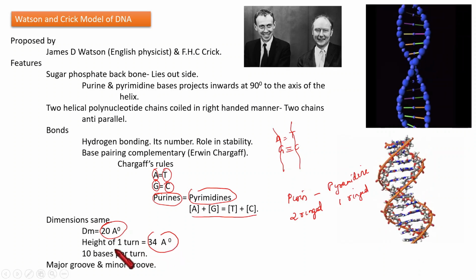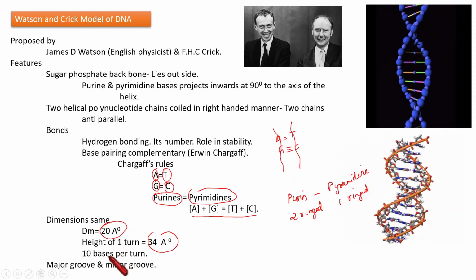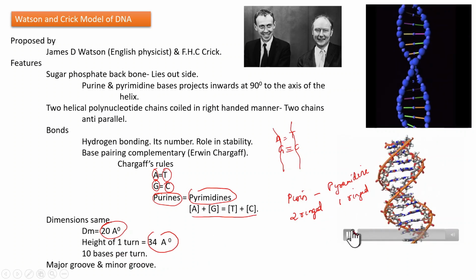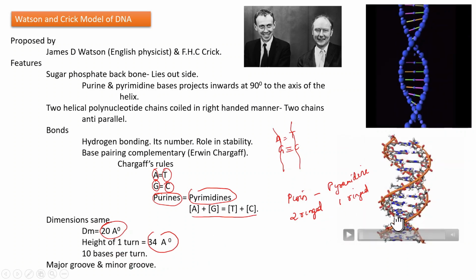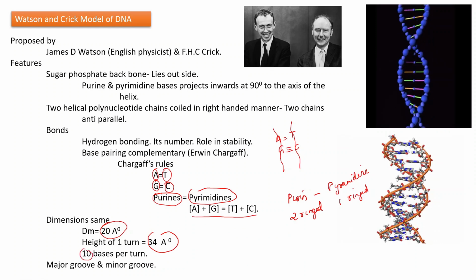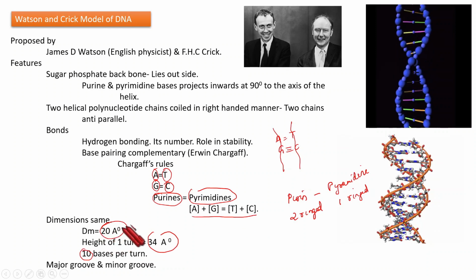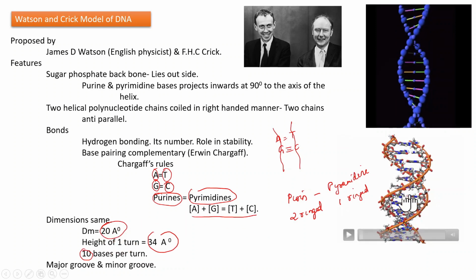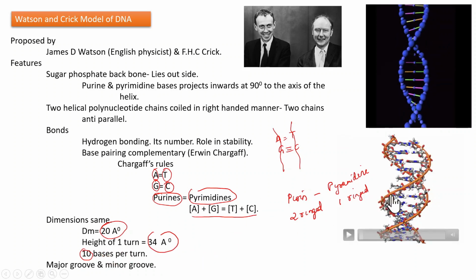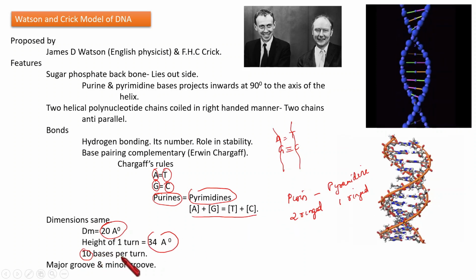And how many base pairs can we see in each turn? It is 10 base pairs. All these figures we need to memorize. So the diameter is 20 angstrom. Diameter means this measurement. The height of one turn is 34 angstrom, and in each turn 10 base pairs are present.